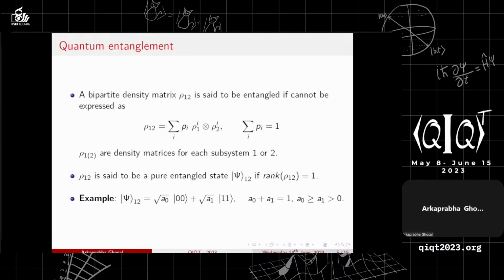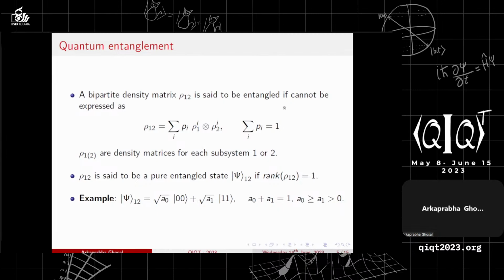Okay, so let us start with the concept of entanglement. We already know some aspects of entanglement theory. If there is a bipartite state, it means there are two spatially separated labs holding quantum particles. In this case, a bipartite density matrix rho 1, 2, where 1 is in Alice's lab and 2 is in Bob's lab, will be an entangled state if it cannot be expressed in the following form.